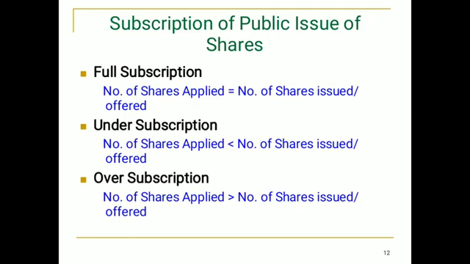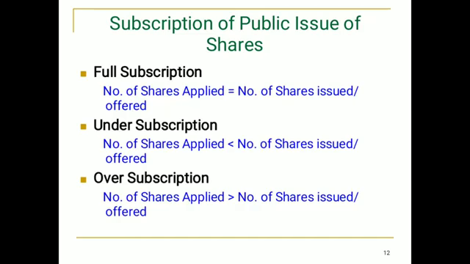I repeat, if I have issued 30,000 shares and the applications I have received are only for 20,000 or 25,000, then it is under subscription, because the applications received are less than the shares offered.